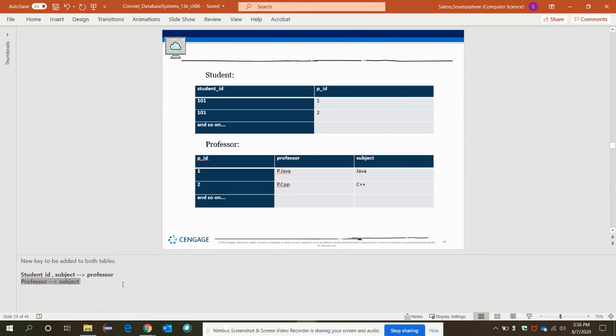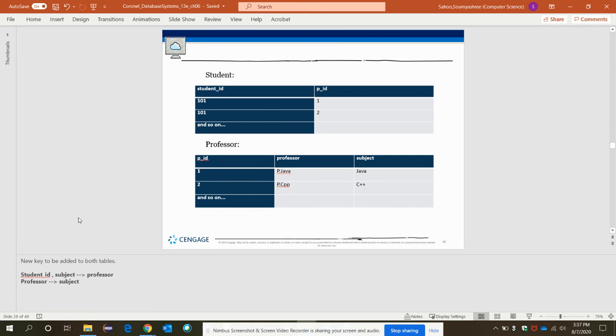As it denies that, take these two and make it one relation. But we need some sort of relationship between the student ID and professor subject, correct? So the professor subject will be added with another temporary column, PID, suppose, and PID will also be allocated to the student.